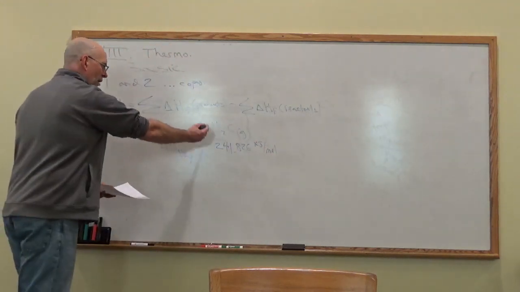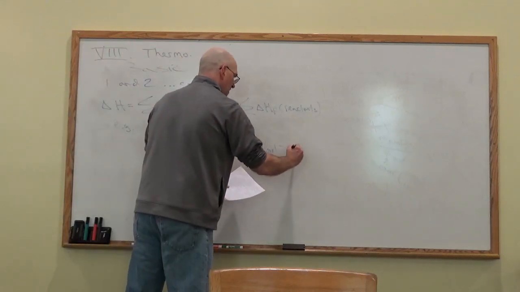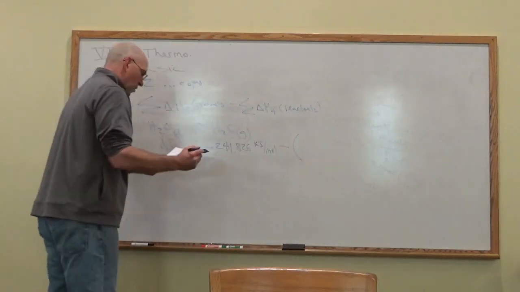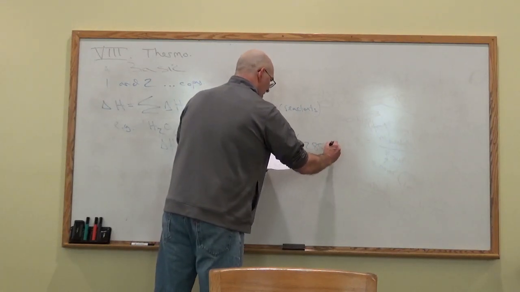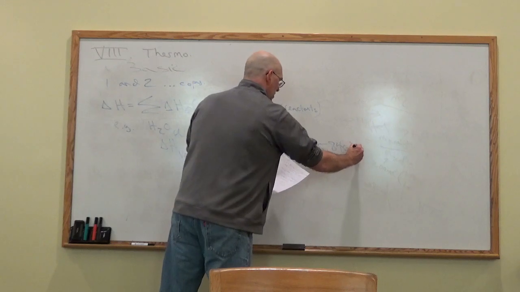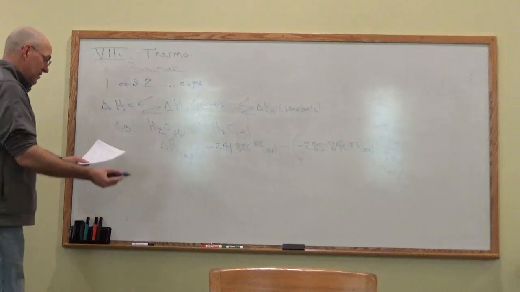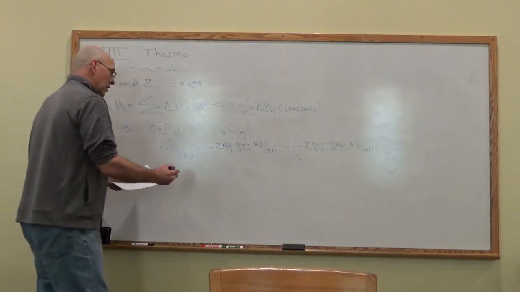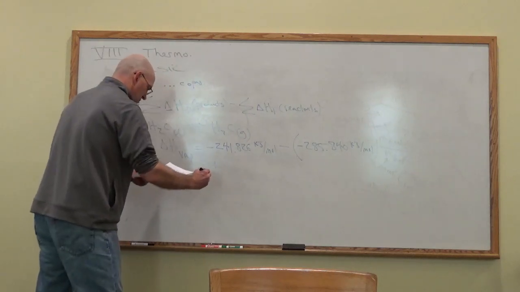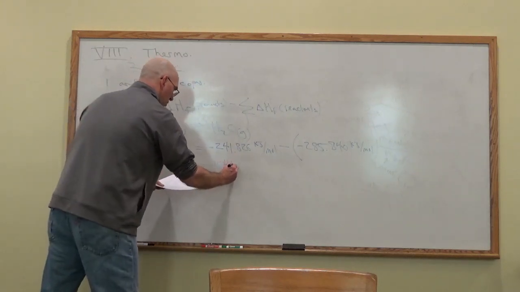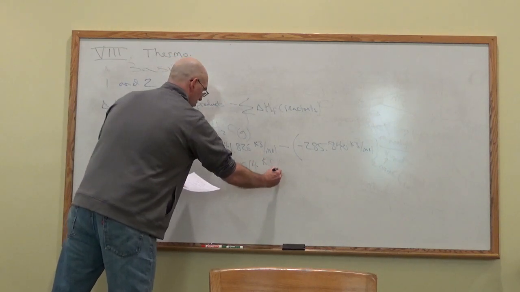I really should multiply by 1 mole because it's 1 and 1. Minus the heat of formation of liquid water, which is negative 285.840 kilojoules per mole. I said this is going to be qualitative, didn't I? But this is just a reminder. So you get the answer of positive 44.014 kilojoules per mole. This is a review.